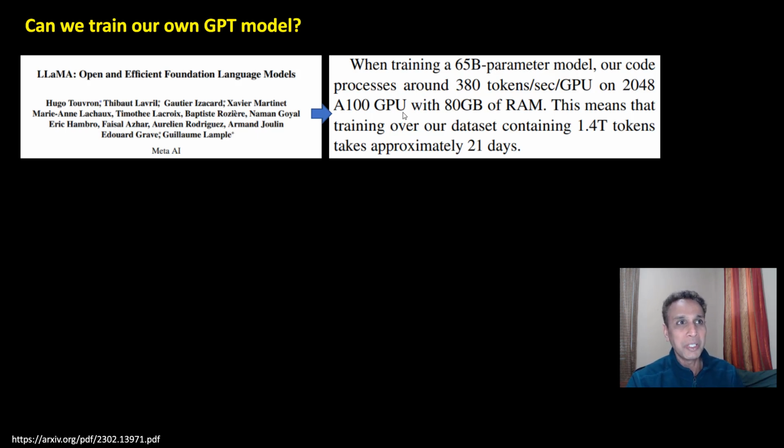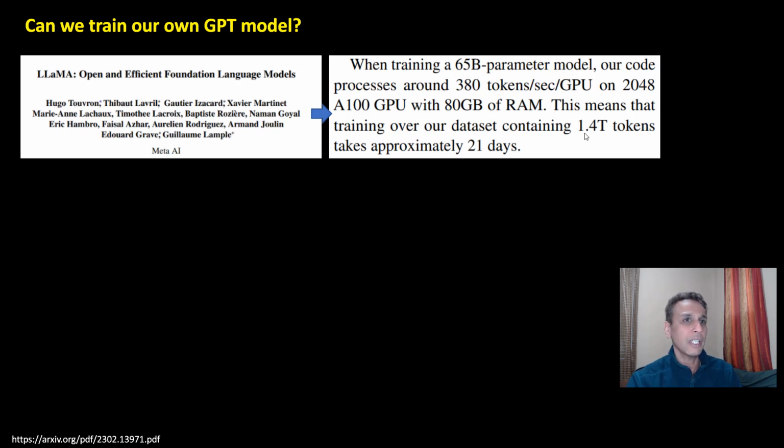The A100 GPU from NVIDIA is super expensive, as you know. They have 2048 of these 80 GB GPUs, processing 380 tokens per second each, and it took 21 days for 1.4 terabytes.